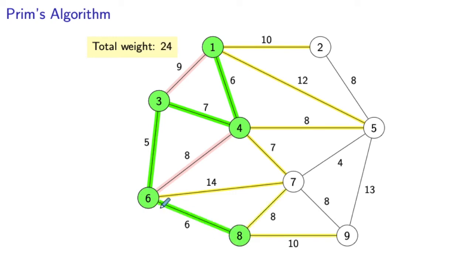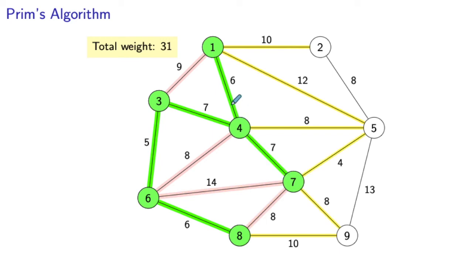So we add the edge 6, 8. This creates a couple more yellow edges here connecting 8 to the white vertices. And now we see that we are going back to the cost of 7 and we are going to add the edge 4, 7 next.